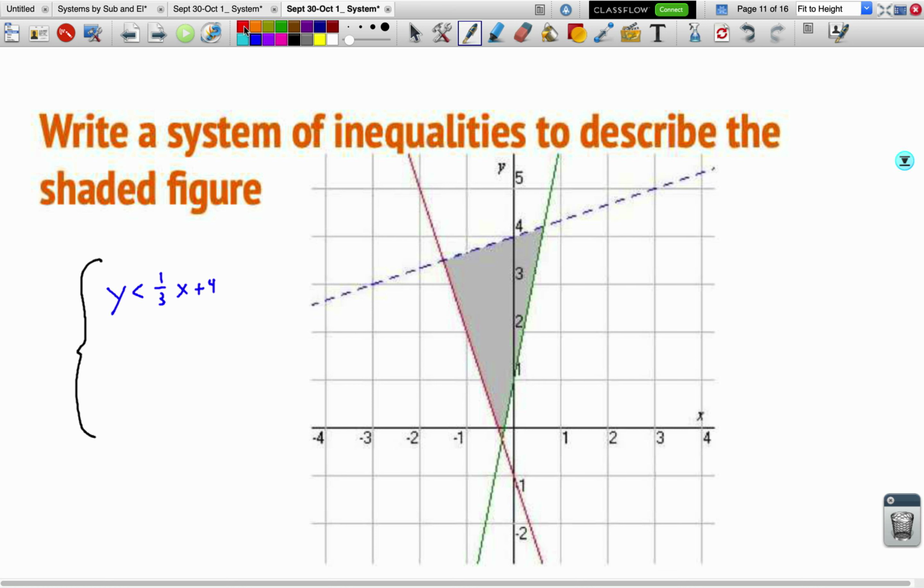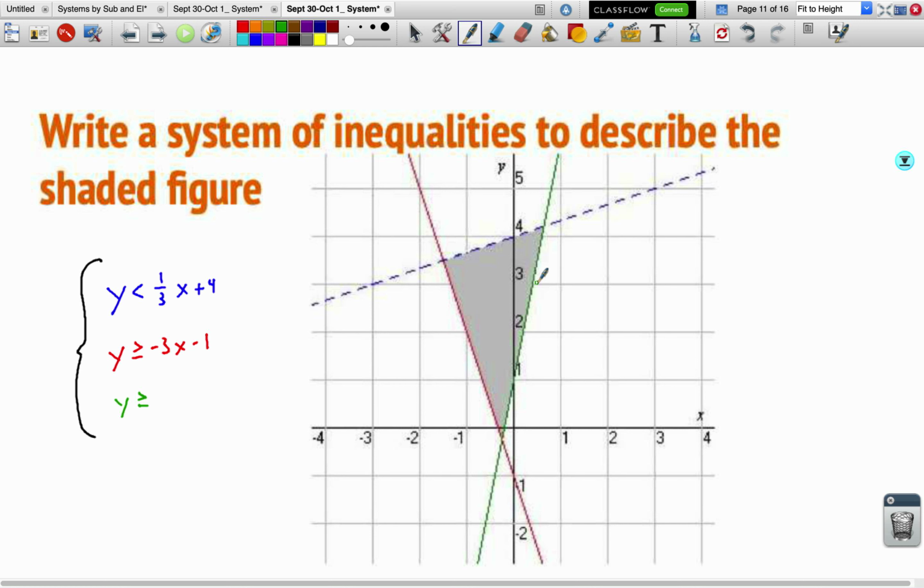All right, now for the red line, this is going to be a y is greater than or equal to, because the shaded region is above, and this is a solid line. Let's see, that slope looks to be a slope of -3, so -3x, and a y-intercept of -1. And for the green line, again this is a greater than or equal to.